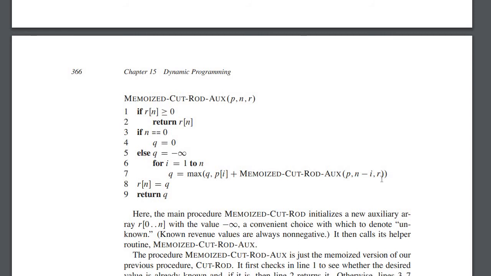So here r remains the same, and after the completion of the for loop, before returning from the function, we modify the value of our array at that particular index, that is n.